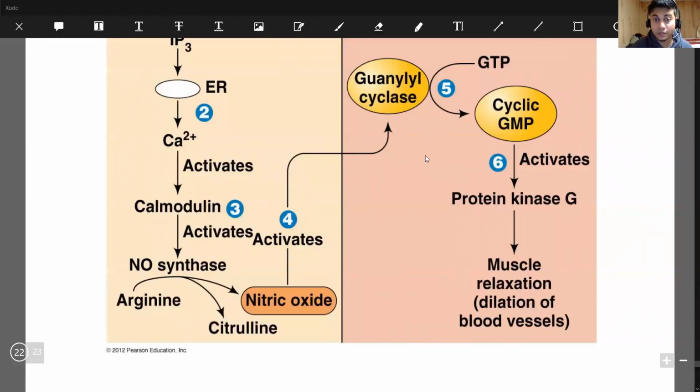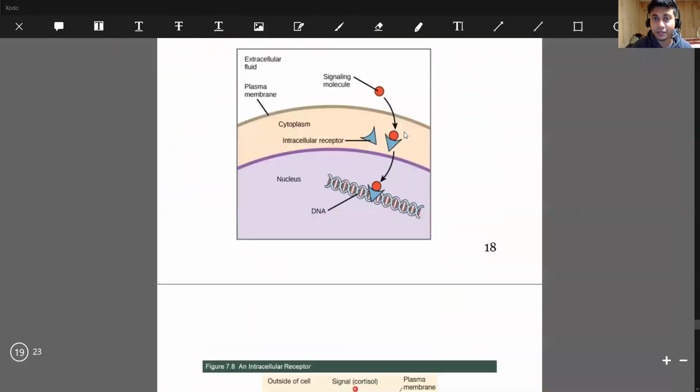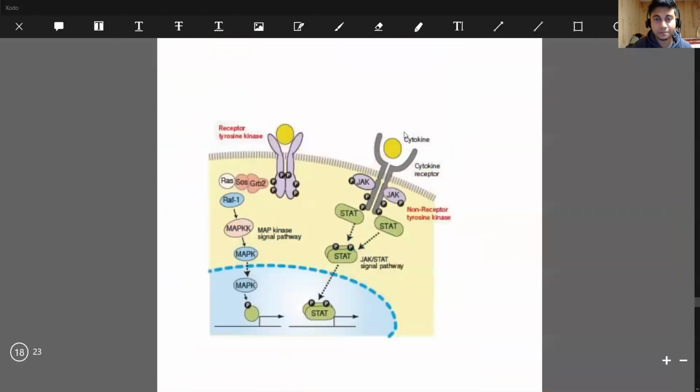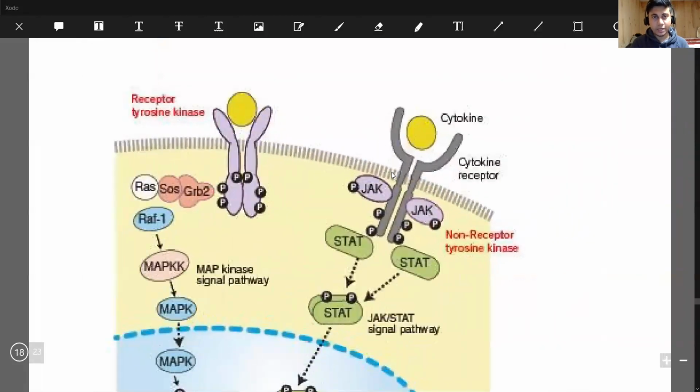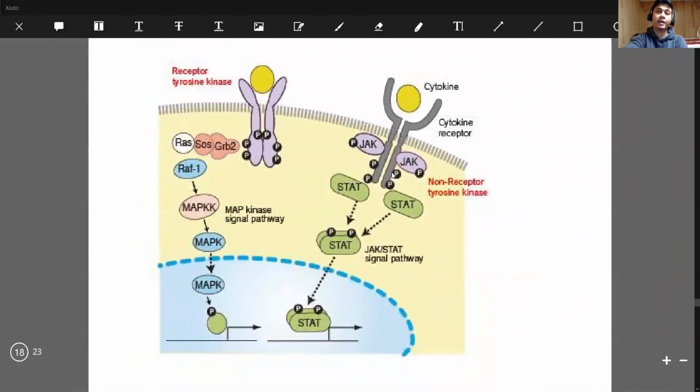Okay, so just let me go over the receptor tyrosine kinase again, then I'll come back to your question. Okay, so here is the receptor tyrosine kinase. Why is it called the receptor tyrosine kinase? It is called that because this receptor has its own intrinsic tyrosine kinase activity.